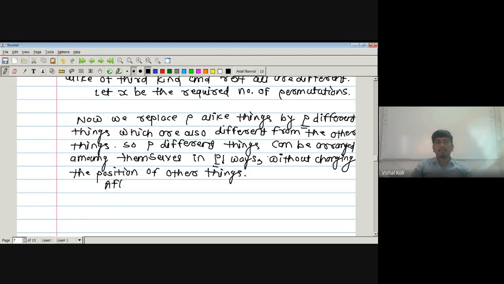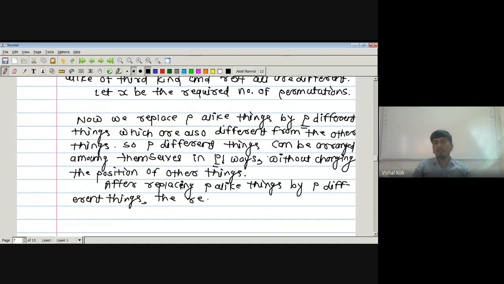After replacing p alike things by p different things, the required number of permutations will be equal to x into p factorial.